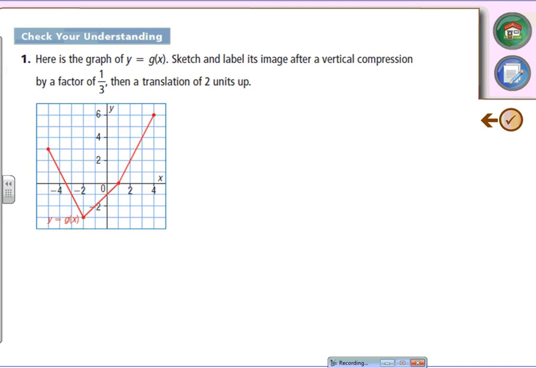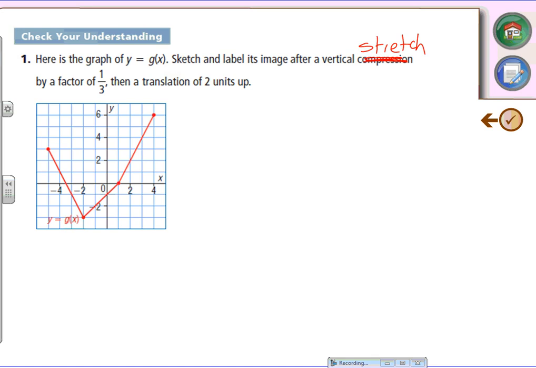All right, example number 1. I'm going to again change this into just a stretch by a factor of 1/3. So we're doing a vertical stretch, factor 1/3, and a translation 2 units up.